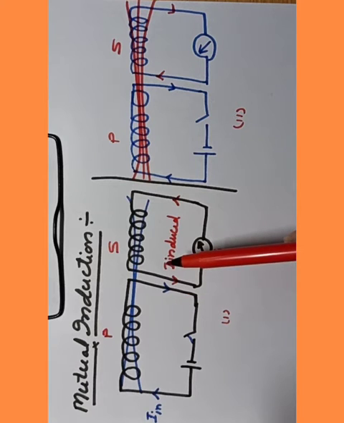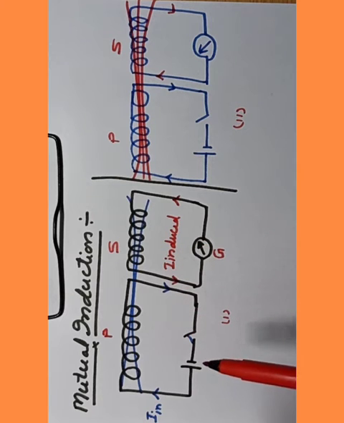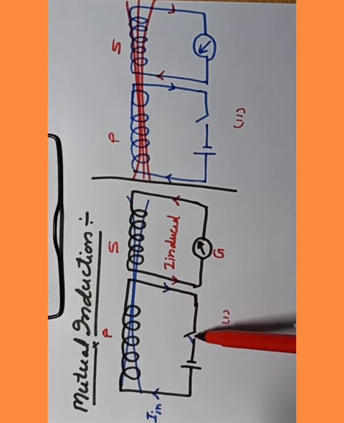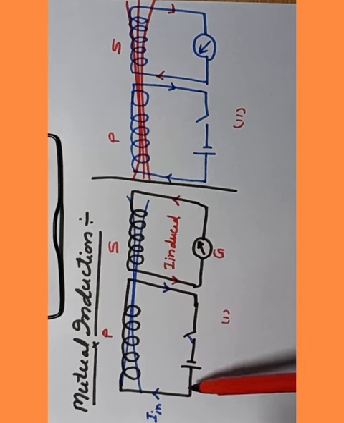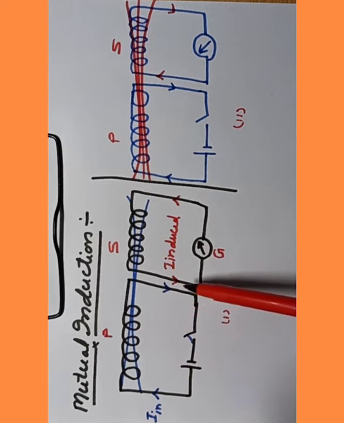Primary and secondary coils are physically near each other, but there is no electrical contact between them, meaning both are insulated from each other. Therefore, when the tapping key is closed, the current in the battery starts growing from 0 to maximum.